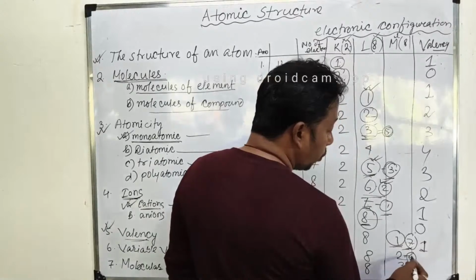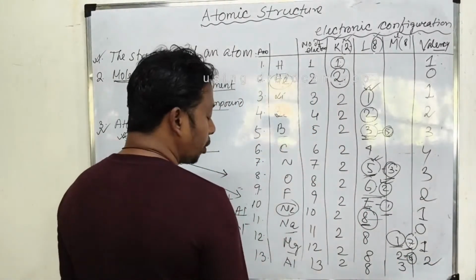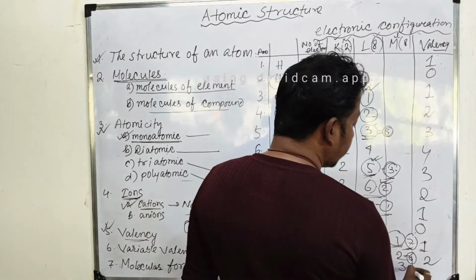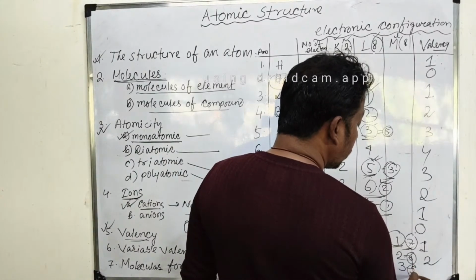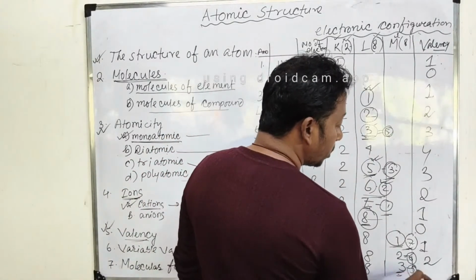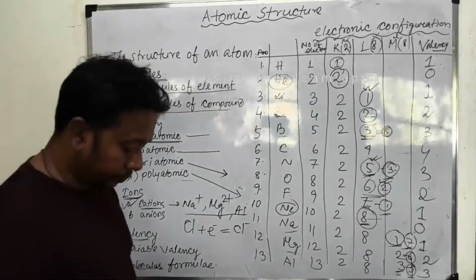Which one is smaller, 2 or 6? 2 is smaller, so the valency is 2. In the case of aluminium, 13, the outermost shell contains 3. It needs 5 more electrons to fulfill its octet. Which one is smaller, 3 or 5? 3 is smaller, so the valency is 3.